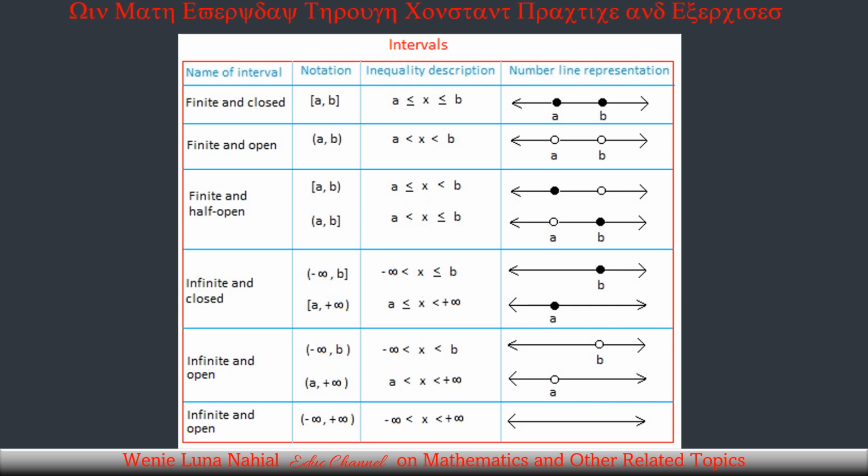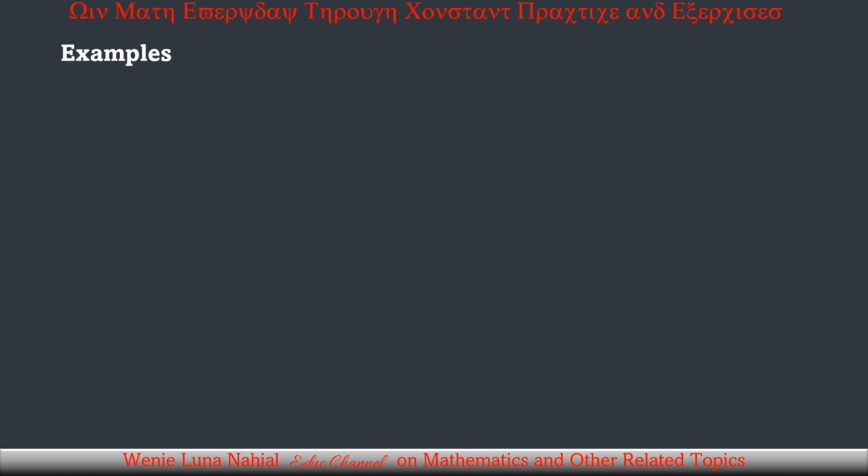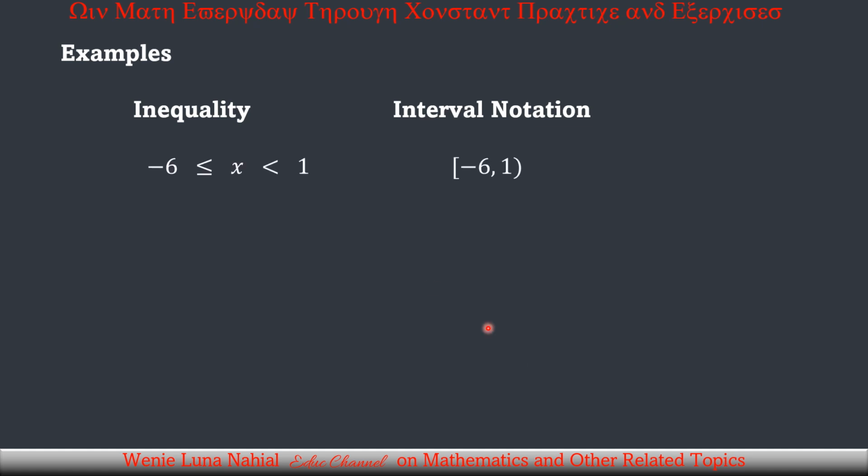So again, writing the number or the sets of numbers is very important. Understanding them is very important. So we have here other illustrations or examples. For this one, our x is greater than or equal to negative 6 but less than 1.